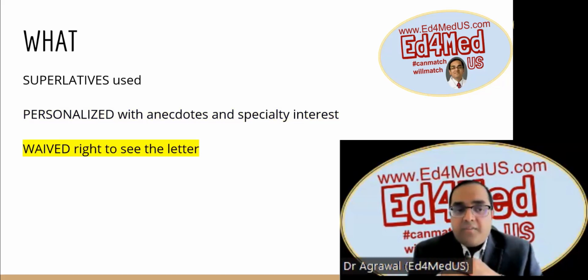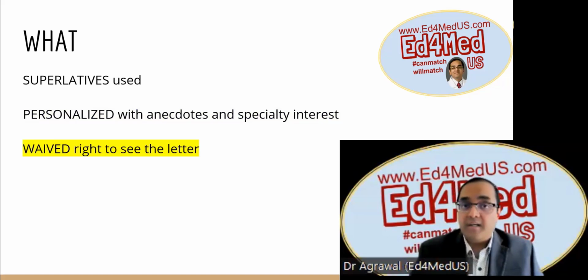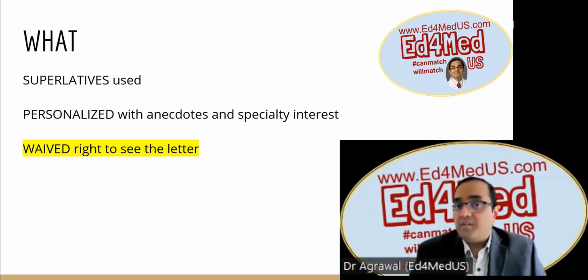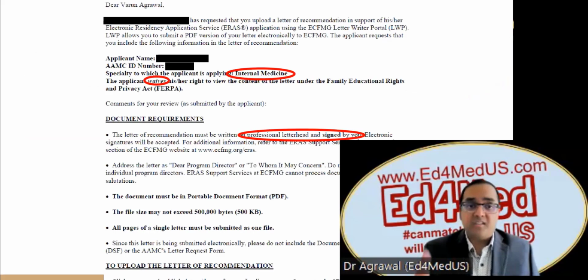Now, the other thing is that the residency applicants had waived their right to see the letter. Always choose this option. When you say that you have waived your right to see the letter, the program directors are assured that whatever is included in the letter is genuine, frank, honest, and no one was pressured to write things in that letter.